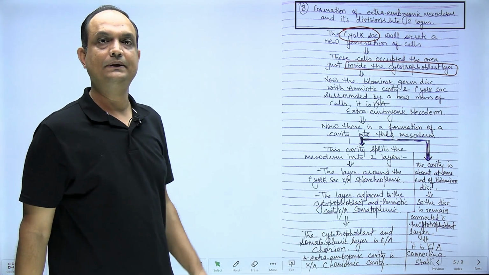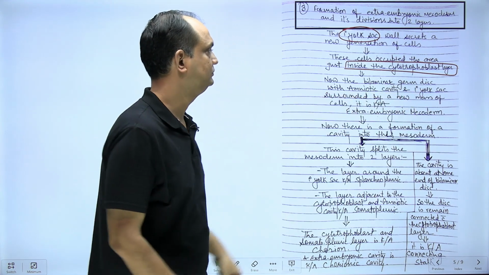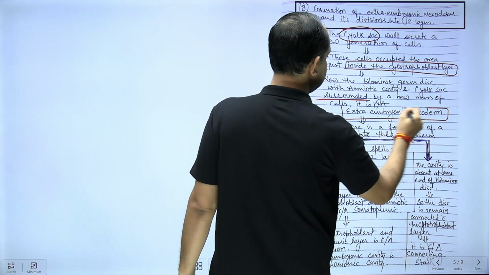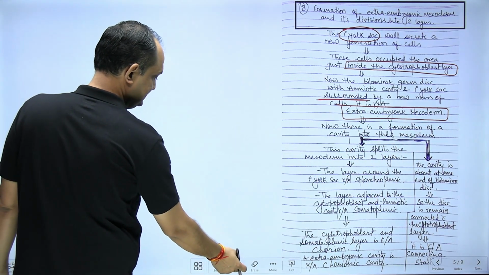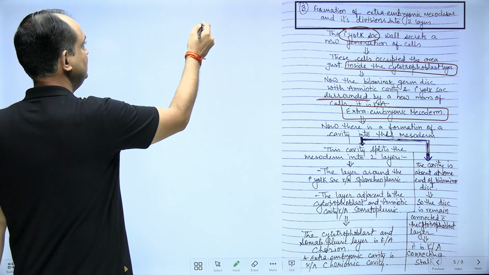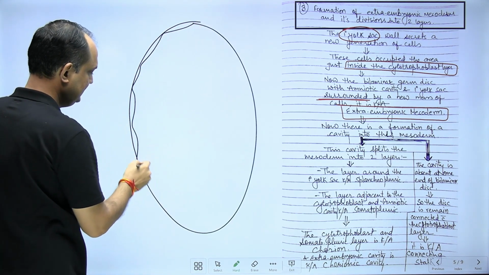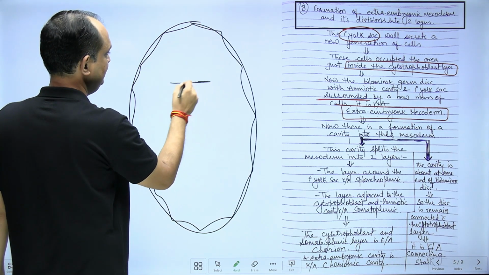So what will happen? The bilaminar germ disc with amniotic cavity and primary yolk sac is surrounded by a new cell mass which is known as extraembryonic mesoderm. Clear? If you see what is happening here, this is your cytotrophoblast, and here this is your bilaminar germ disc.